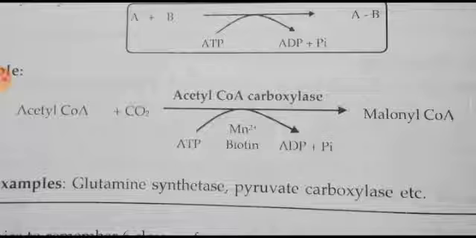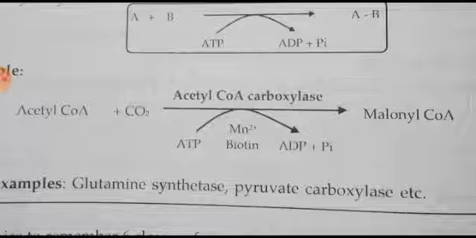These are cofactors and coenzymes, and the reaction is catalyzed by the acetyl CoA carboxylase enzyme. Since carbon dioxide before the arrow mark is utilized for the reaction, that's why the enzyme name is carboxylase, and that carbon dioxide is attached to acetyl CoA. That's why the enzyme name is acetyl CoA carboxylase.